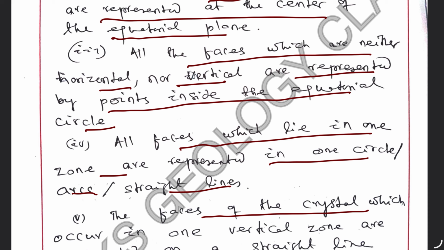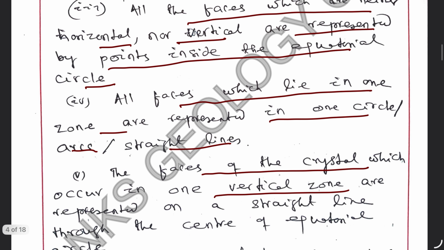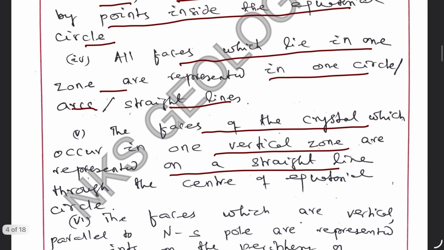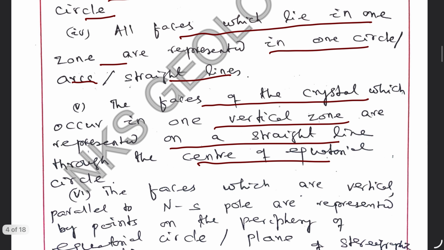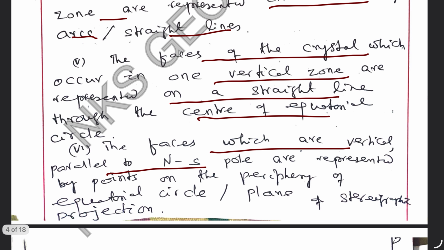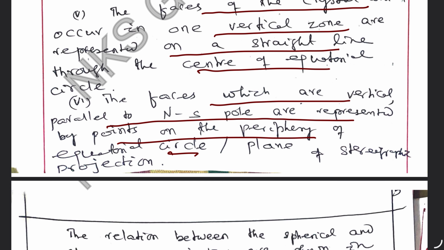All the faces of the crystal which occur in one vertical zone are represented on a straight line through the center of the equatorial circle. The faces which are vertical, parallel to the north-south pole, are represented by points on the periphery of the equatorial circle.